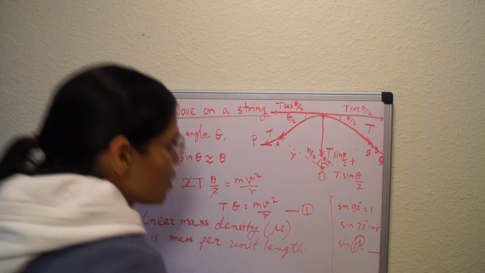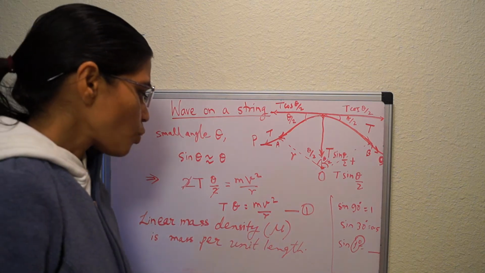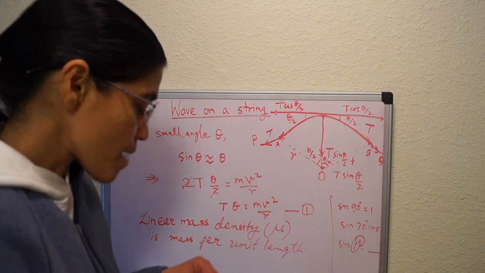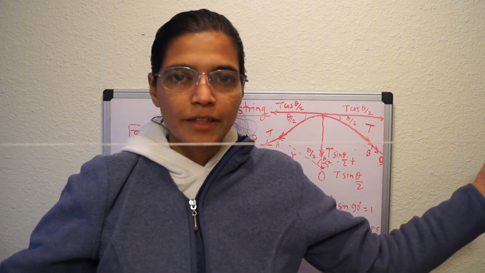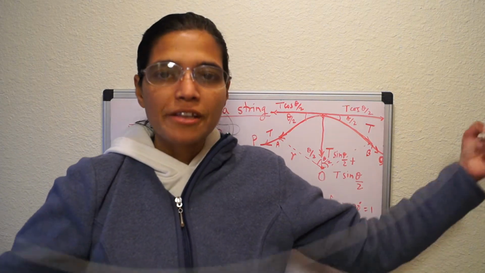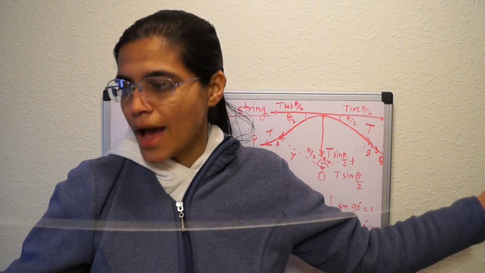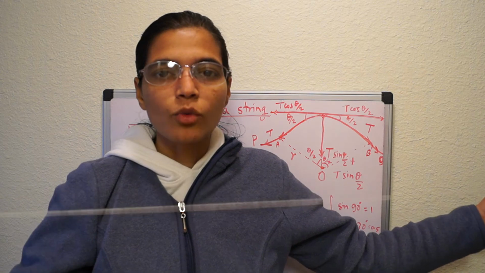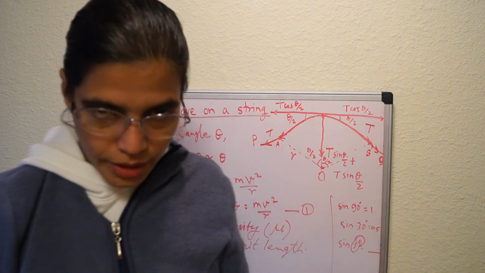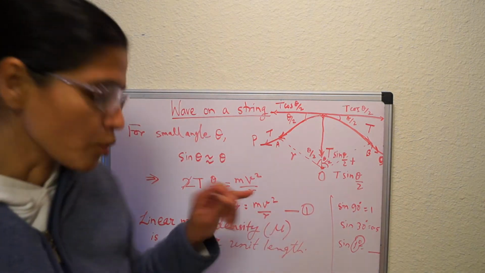What does that mean? If we take about a meter of length here, the mass of this length divided by this 1 meter will give me some value. That quantity is mu.